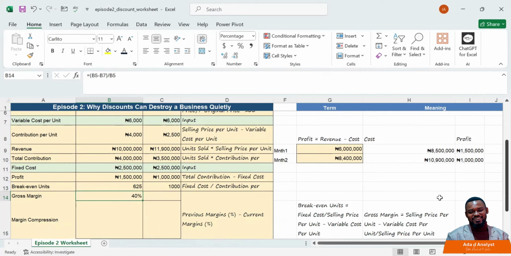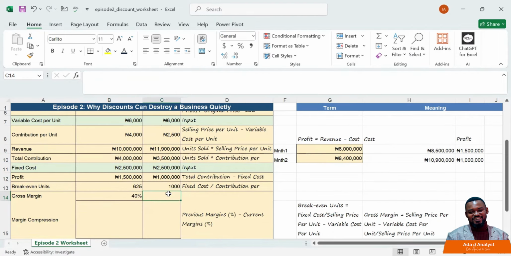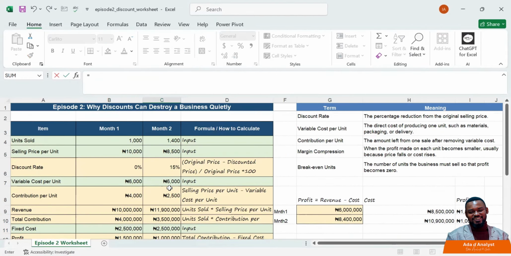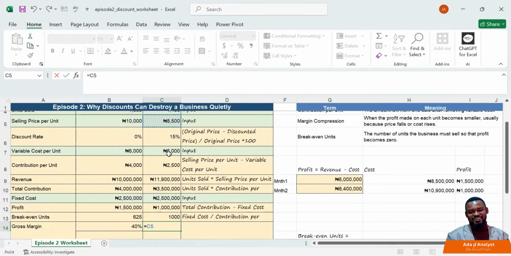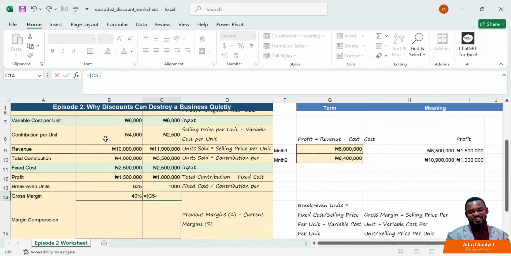You see that, right? So let us calculate the gross margin for month two. Equals, remember in parentheses, open parentheses, selling price per unit, which is 8,500, minus the variable cost per unit, 6,000, close parentheses, divide by the selling price per unit, which is 8,500.